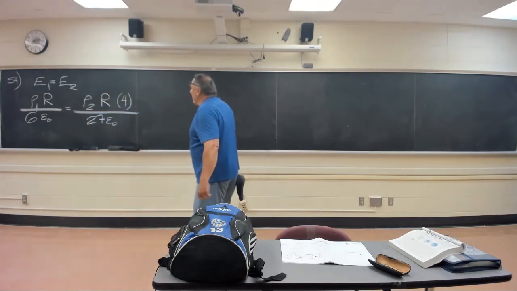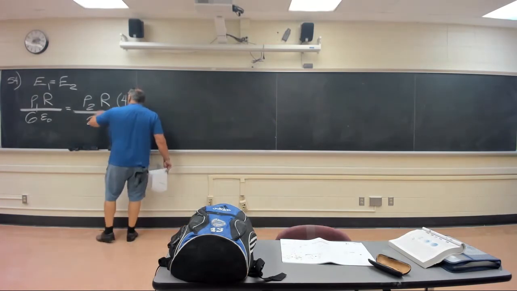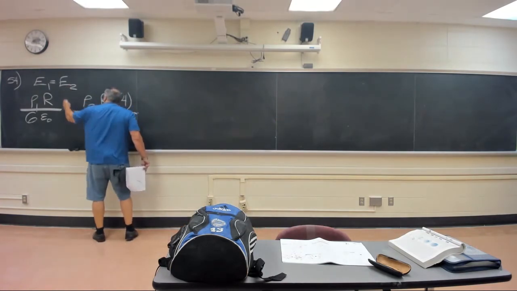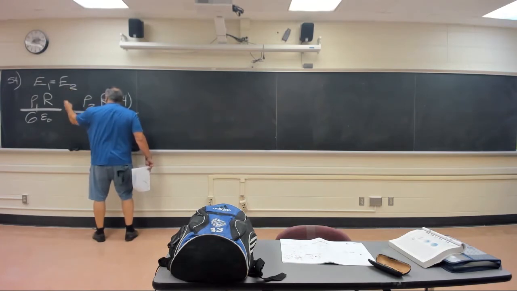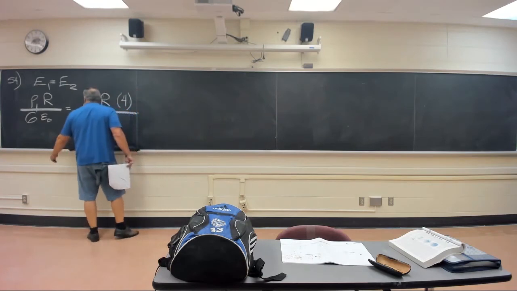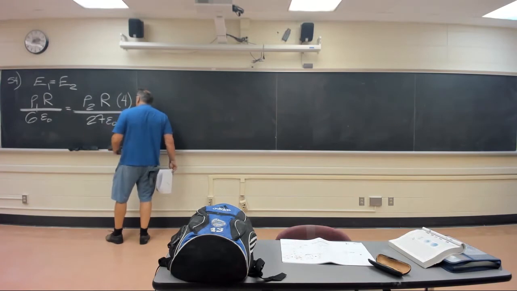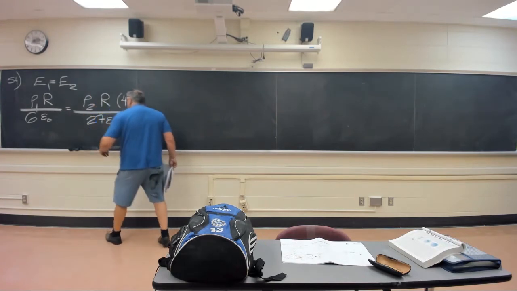Well, there's a lot staring right at us, guys. Because this is an equation, if two things are equal, you can cancel whatever is possible to cancel. What do you say you divide by capital R on each side, and multiply by epsilon naught on each side?